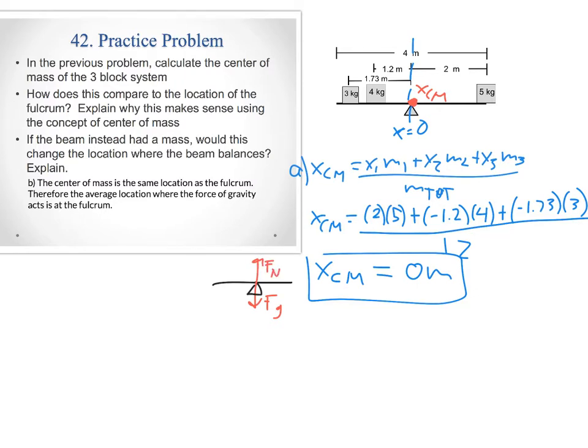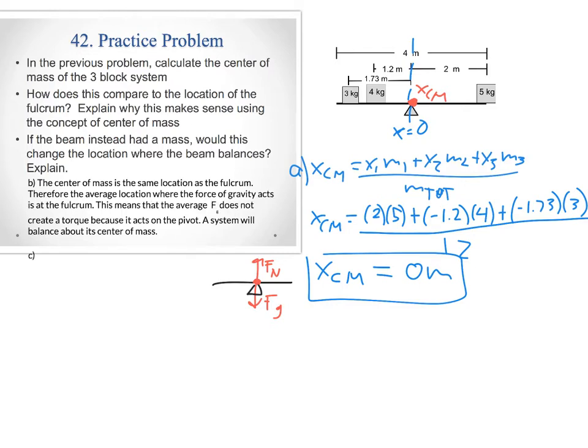Neither one of those forces, the normal force or the average position of the force of gravity, creates a torque because they both act on the pivot, and therefore the system balances. So what we can conclude from this is that if we have a system like this, it will balance at its center of mass, because if we place the fulcrum, or whatever it's balancing on, at its center of mass, no torque is created by the force of gravity, and therefore it will balance.